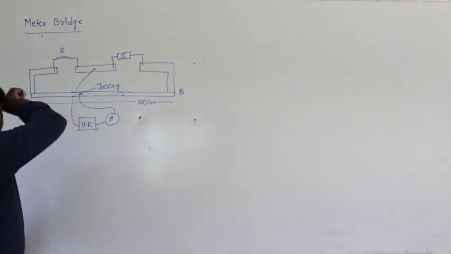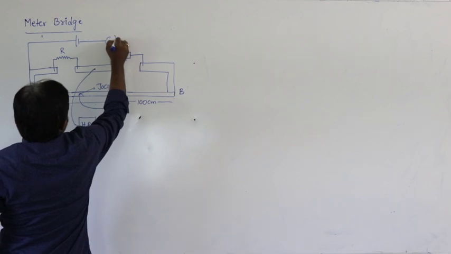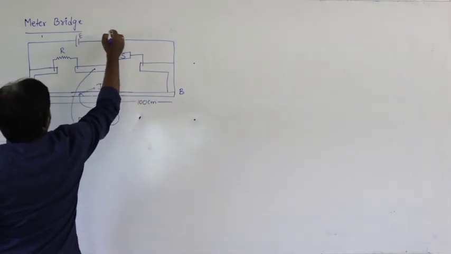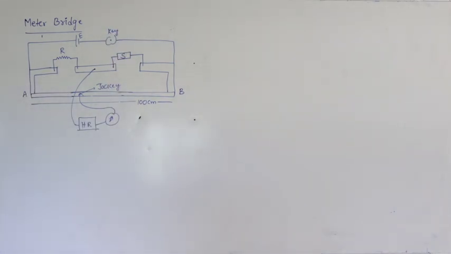This is in turn connected with a cell of EMF E and a key. So, this is the circuit arrangement of the meter bridge.